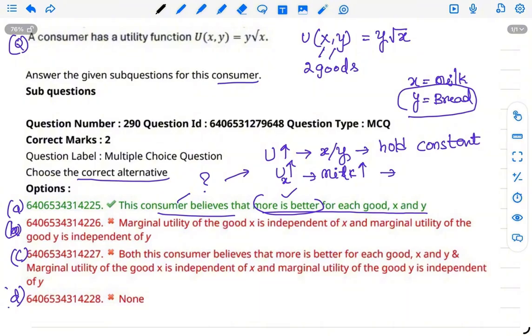This consumer believes that more is better when the utility of the good x or the utility of the good y is increasing, holding the other good constant.